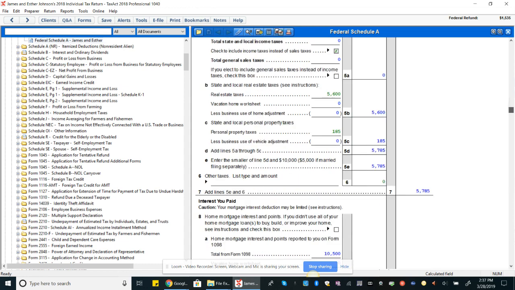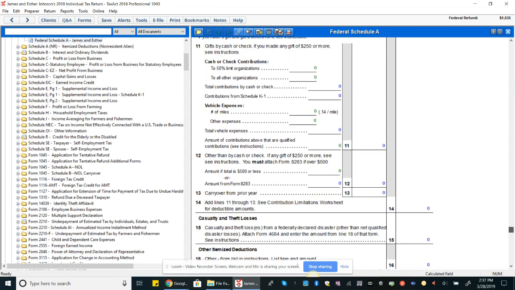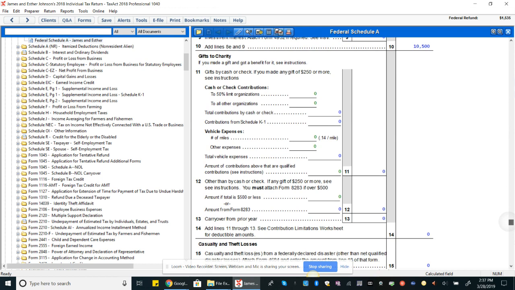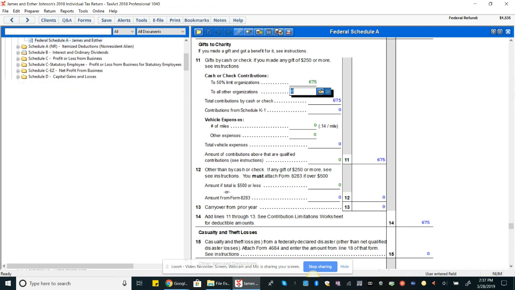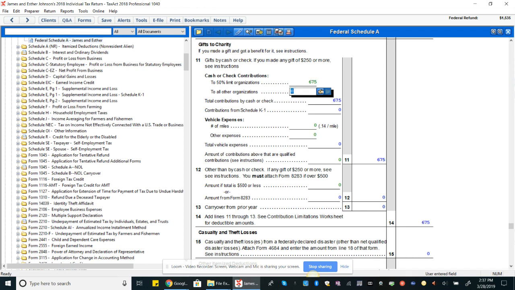Okay, so back on Schedule A, we're going to go to charitable contributions, and we're going to go under cash or check contributions, 50% limit organizations. And when it says 50% limit, it's just referring to that general limitation, which has now actually been changed to 60% of total income that they can contribute.